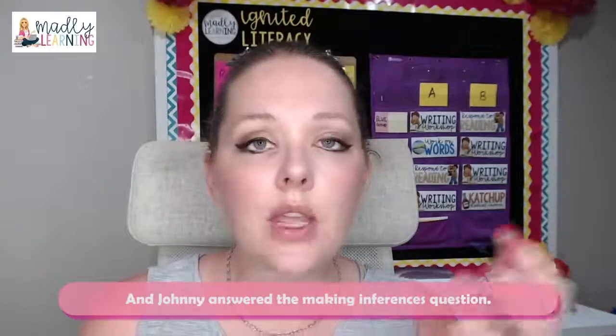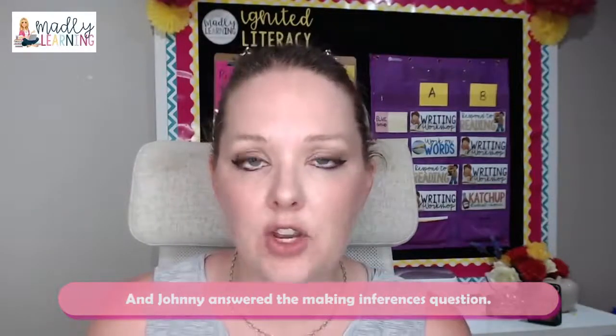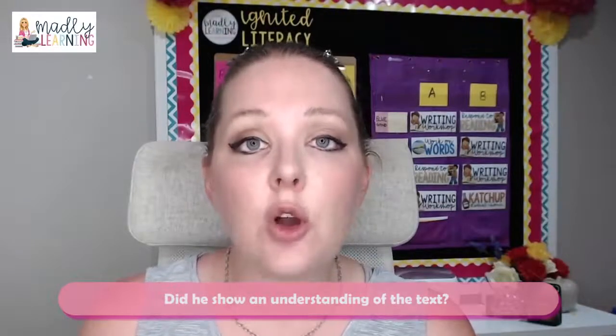So let's say you've got your mark book in front of you and Johnny answered the making inferences question. In your mark book, you can have 2 columns. Column 1 can let you know what type of question he answered. Column 2 can evaluate the quality of his response. Did he show an understanding of the text?